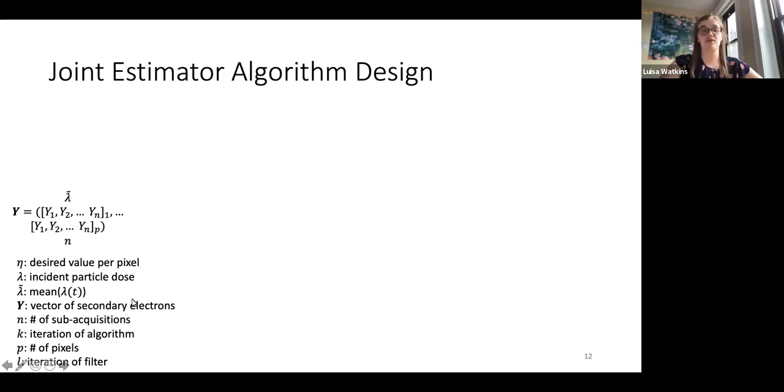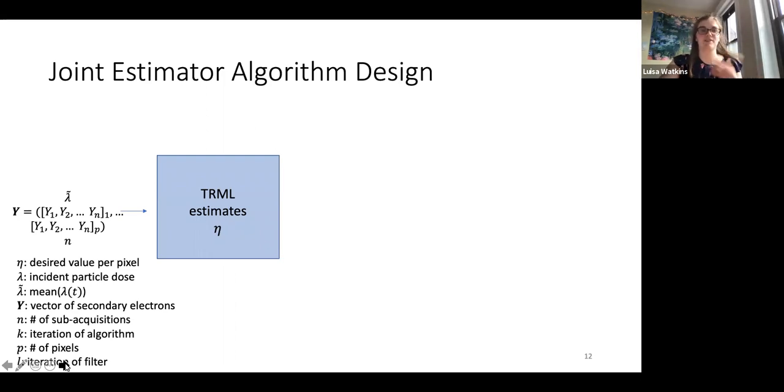So we use this value of the dose and what we've measured, the secondary electrons, and the first piece of the algorithm is to estimate eta. We use this TRML method because, as shown a few slides ago, it does a very good job. And we're able to get this estimate of eta for a specific iteration K. In this case, it's the first iteration.